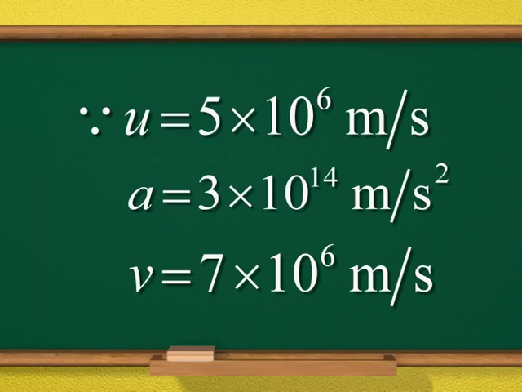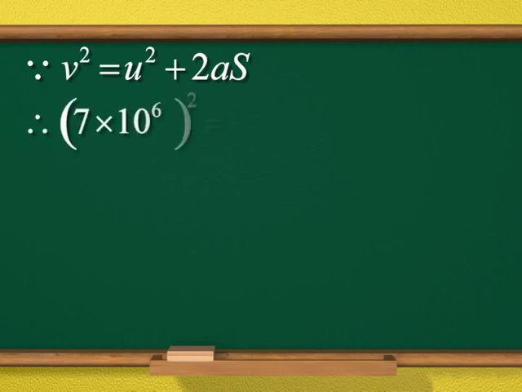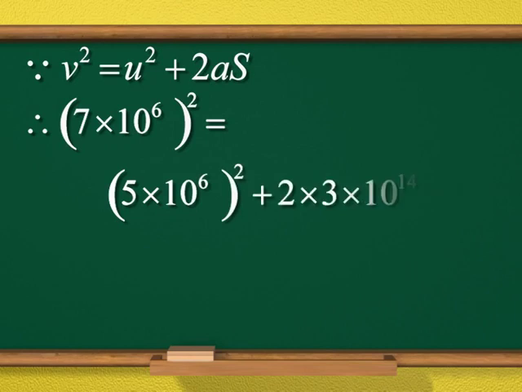On substituting the given values in the velocity position relation, we get square of 7 into 10 to power 6 equal to the square of 5 into 10 to power 6 plus 2 into 3 into 10 to power 14 into s.